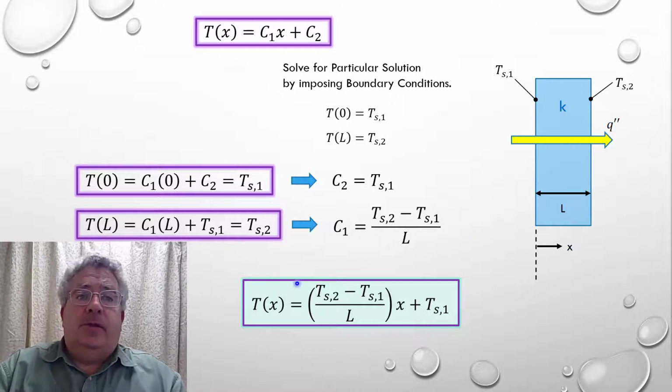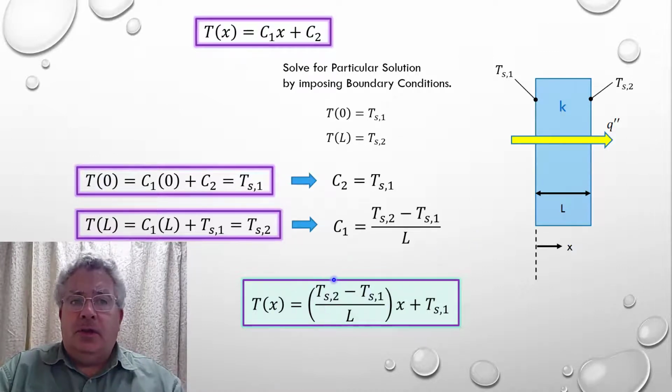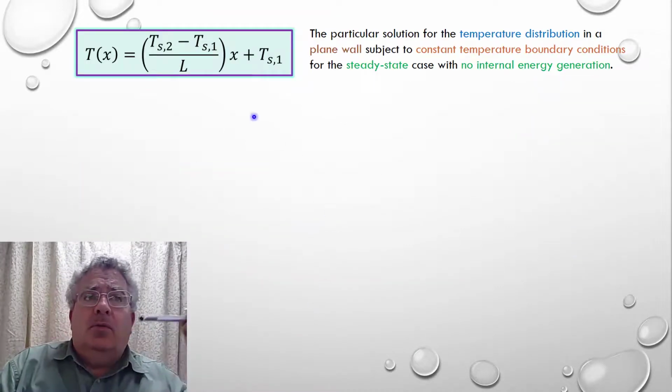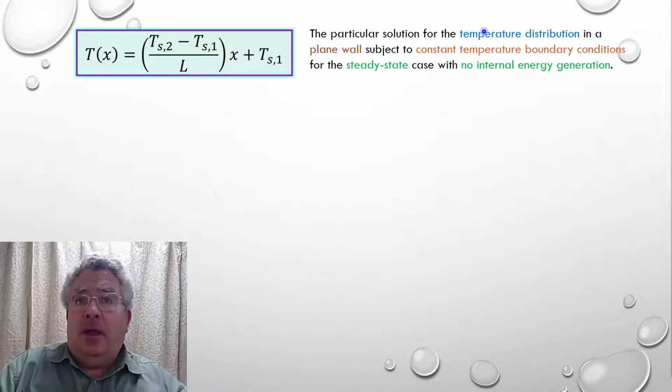This particular solution to the heat equation gives T, how T varies as a function of x within the solid. So we now have our particular solution for the temperature distribution in the plane wall, subject to constant temperature boundary conditions for the steady state case with no internal energy generation. That's a mouthful, but that's what this equation represents.